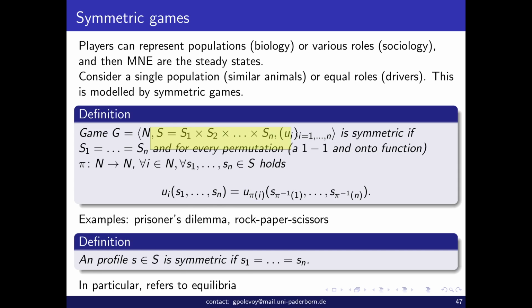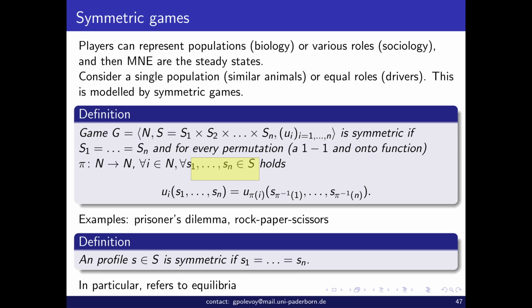Given an n-player game, it's symmetric if the strategies of all the players are the same, and for every permutation P, a permutation being a bijection, a one-to-one and onto function, of the players, and for every strategy profile S1 to Sn, the utility that player i gets when the profile is S1 to Sn is the same as the utility that player P(i) gets when the strategies are P^-1(1) until P^-1(n).